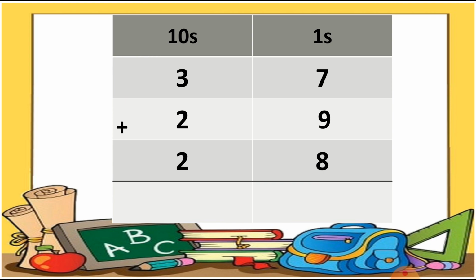Next one, the ones column is 7 plus 9 plus 8. So the total of this column is 24. Now we can write number 4 under the ones column because 4 is at the ones place, and 2 will move to the tens column because 2 is at the tens place. We can move this number as a carry forwarded number.